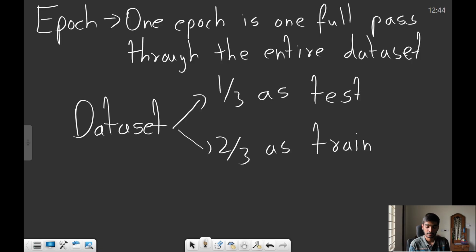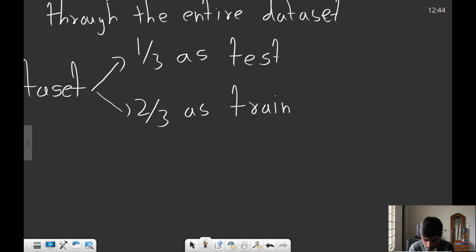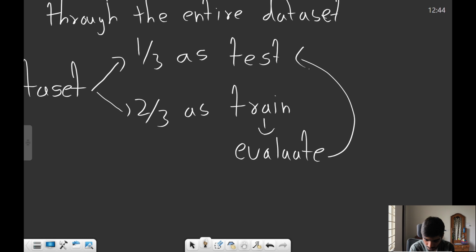These numbers might shift, but the best practice is to split 1/3 as test data and 2/3 for training. So what we do is we train the model on this train data. Then evaluate the model on this test data to calculate things like accuracy and loss values.